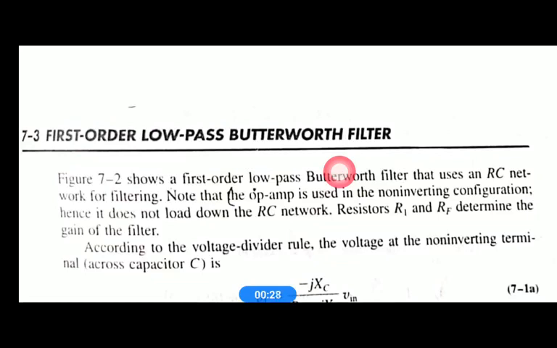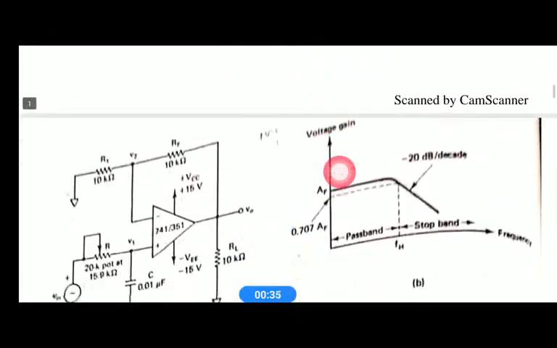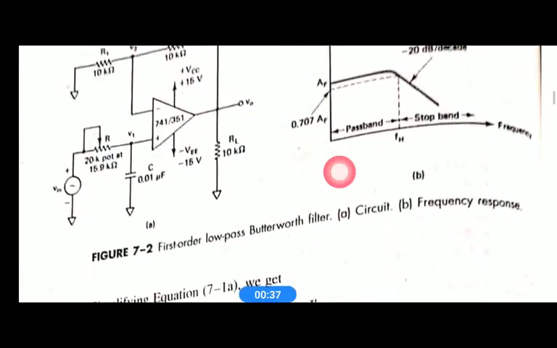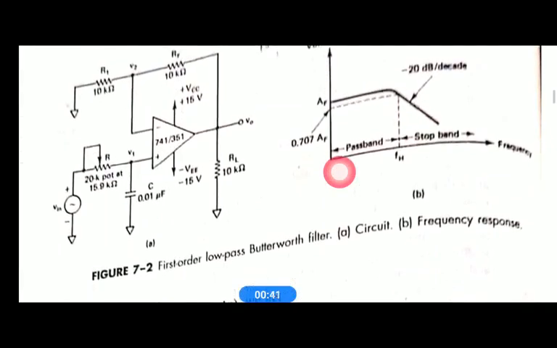Figure 7.2 shows a first order low pass Butterworth filter.